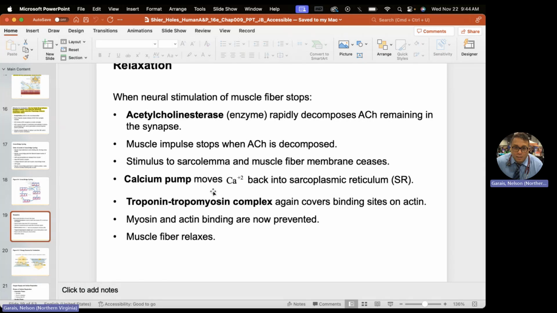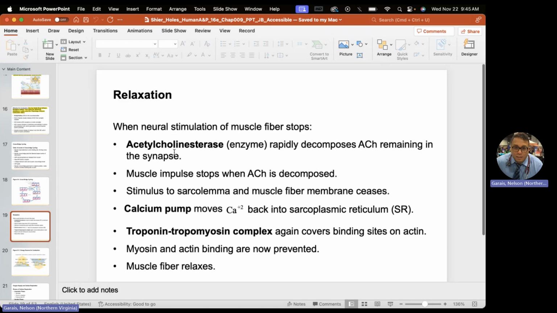There's also a calcium pump that moves calcium back into the sarcoplasmic reticulum when we don't need it. And when you don't need your muscle during relaxation, the troponin and tropomyosin on your actin will change shape and cover up the binding sites. All of this is the exact opposite of contraction.